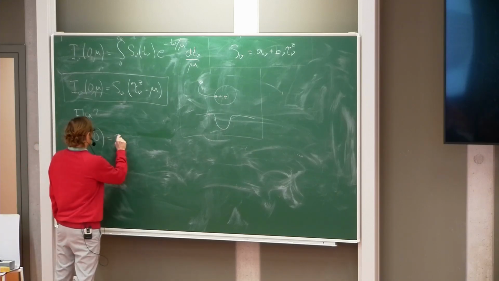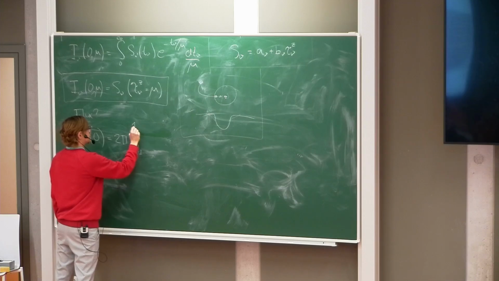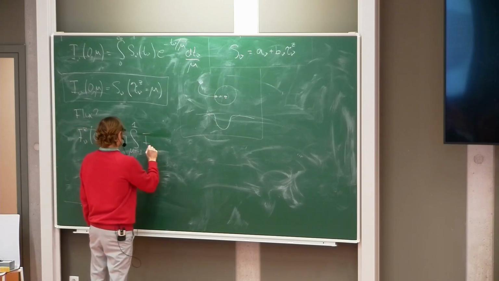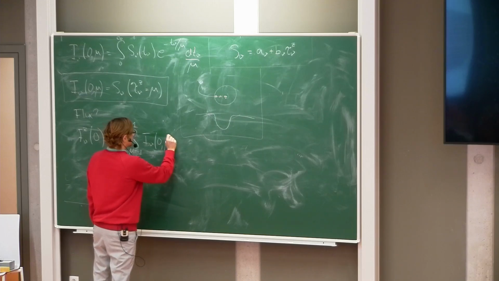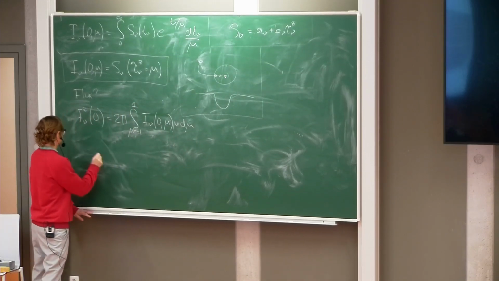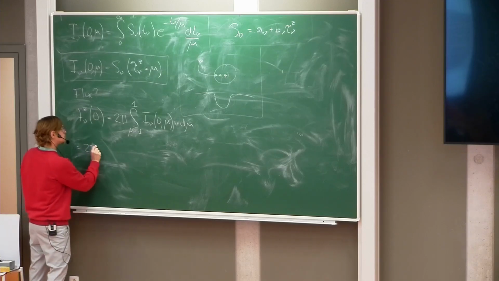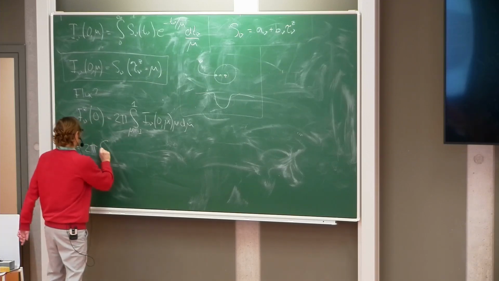Well, we only have variations in the mu, so we can directly write down this integral here, where the phi angle, of course, has already come out. And then we had I_nu(0, mu), and then we had mu dmu. This was our expression for the flux. Go back to those lectures if you do not remember it. Now we can just plug this in.